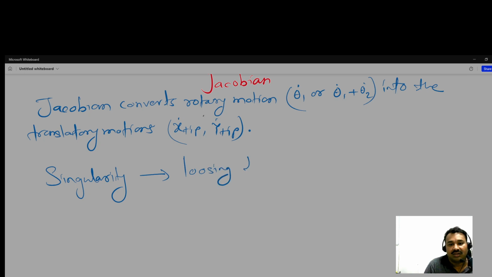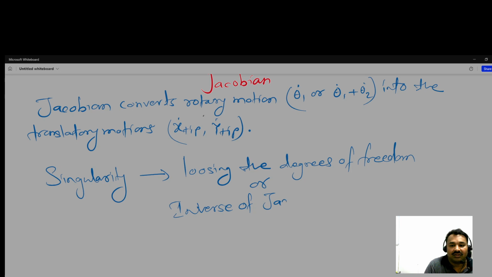Okay, and you can see the inverse of Jacobian doesn't exist. So in mathematical terms, it means the inverse of Jacobian, J inverse, doesn't exist.